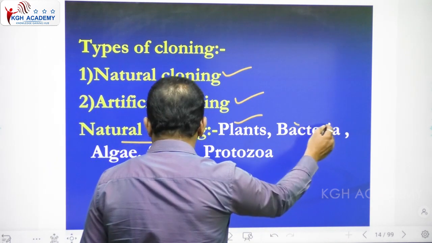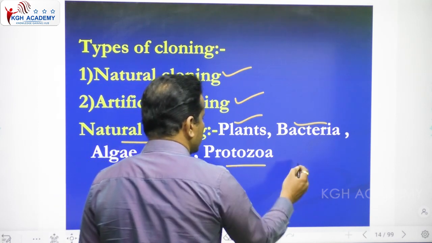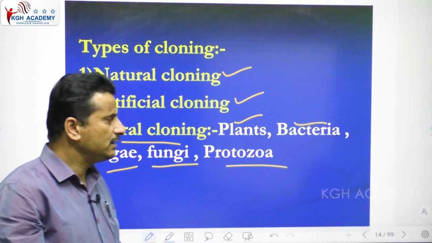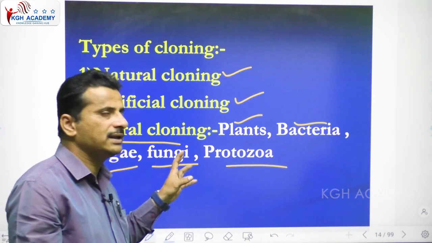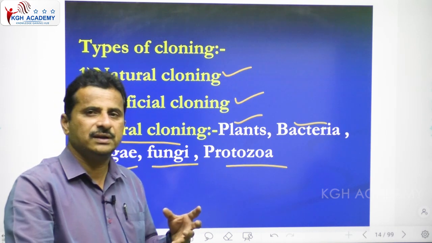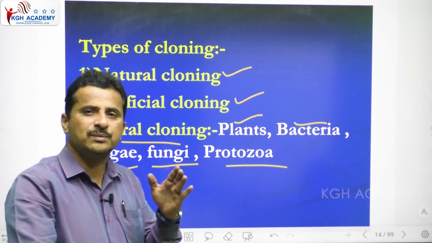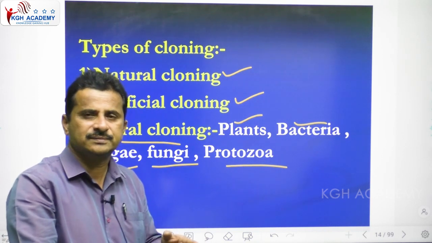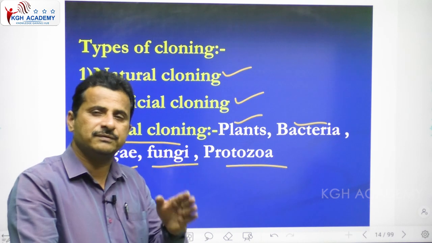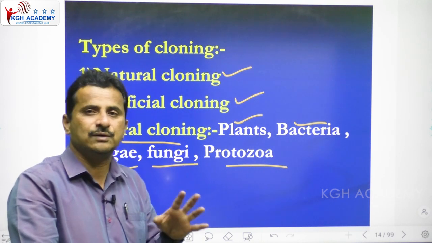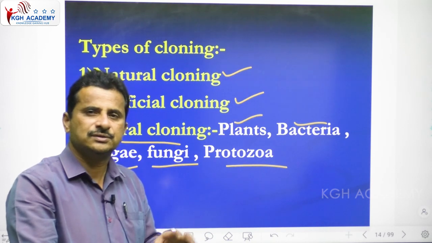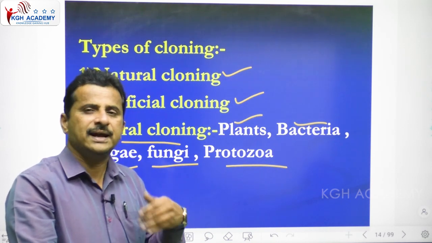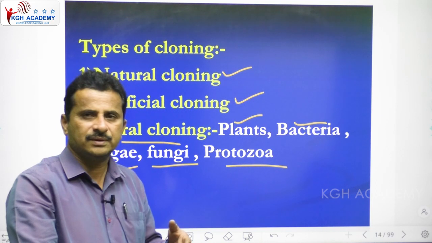And bacteria, algae, fungi, protozoa, all these are microorganisms. Sometimes algae and fungi are large-sized organisms. These all produce the same type of organisms, identical organisms, through reproduction, and this is called cloning.